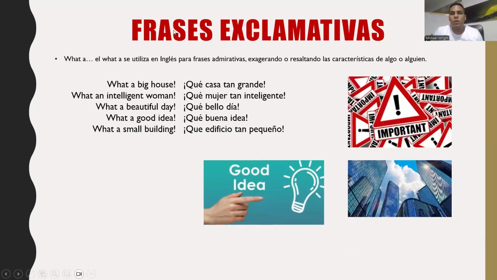There are some words that can be used to express ourselves better, right? So exaggerating and highlighting the characteristics of something or somebody, we are gonna use what. Do it with me, please. What.